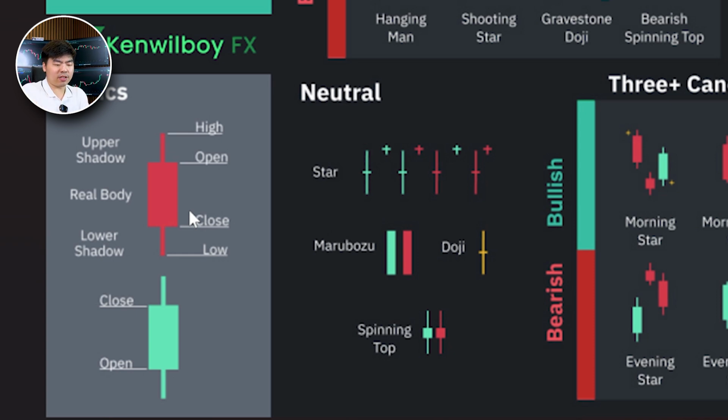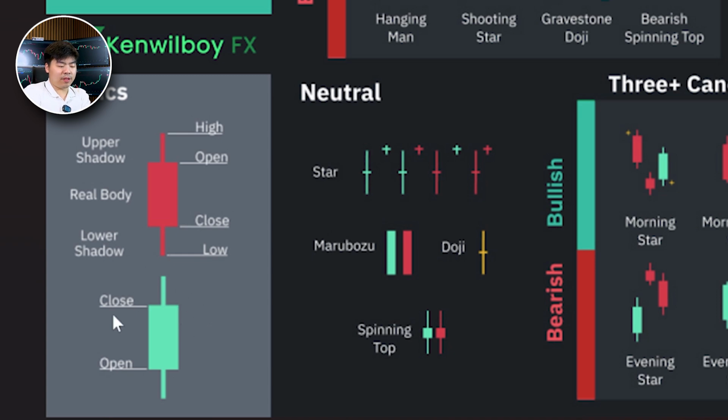During those 5 minutes, which price level is the highest price and which is the lowest price? You can see by the shape of the candlestick, the top edge of the upper wick is the highest price in that particular period, and the bottom edge of the lower wick is the lowest price in that particular period.